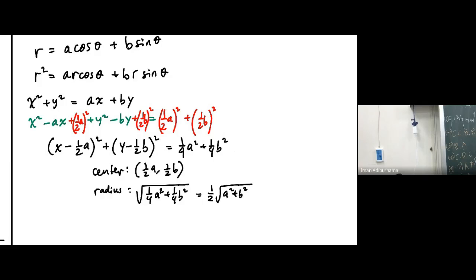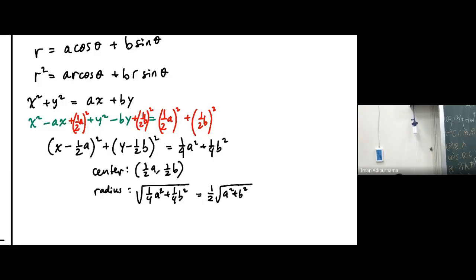So if you need to sketch some form of conic sections, and you see any minus or plus in x and maybe in y, then you need to shift x and y into position, and the center will be shifted.